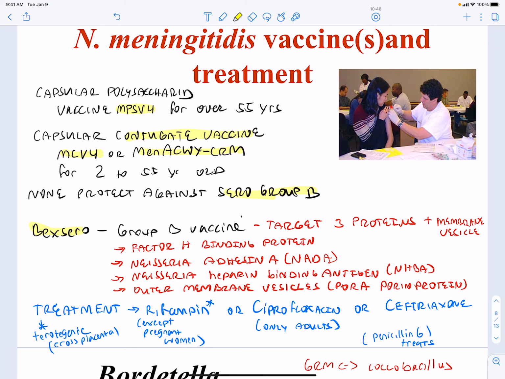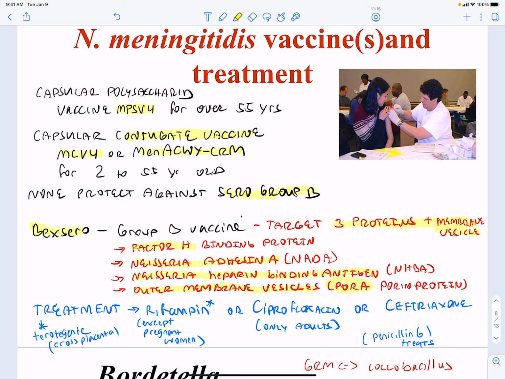And so the group B vaccine is targeting 3 different proteins as well as a membrane vesicle. So the 3 proteins are factor H binding protein, Neisseria adhesin A protein, Neisseria heparin binding antigen protein, and the outer membrane porin, PorA. And so all 4 of those are included in the Bexsero group B vaccine.